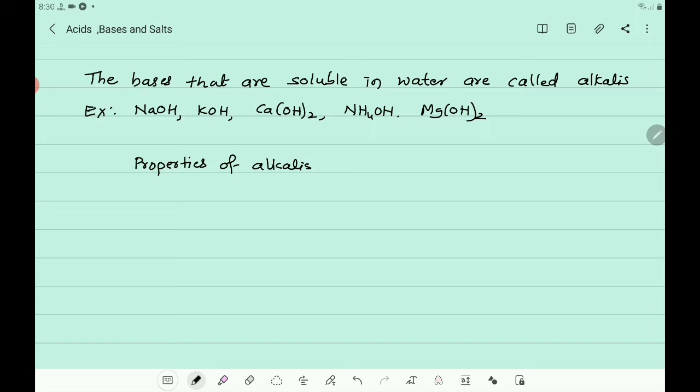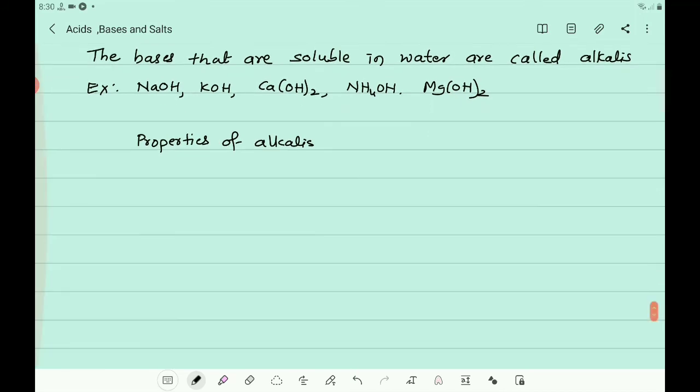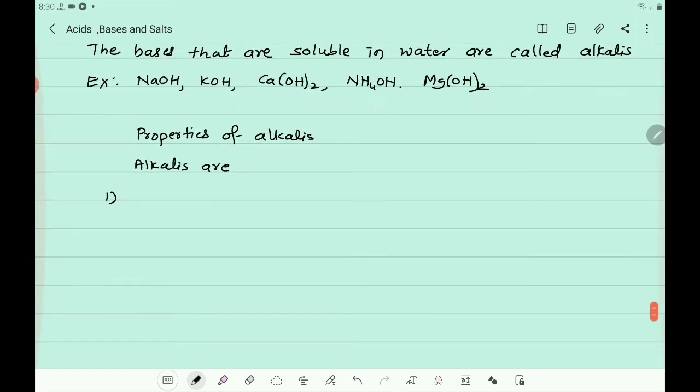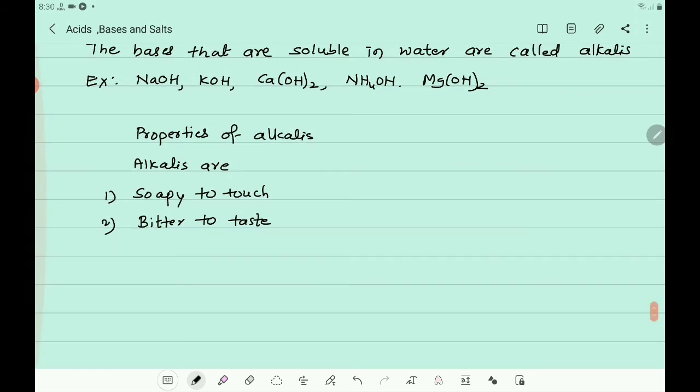They are soapy to touch, bitter to taste and corrosive.